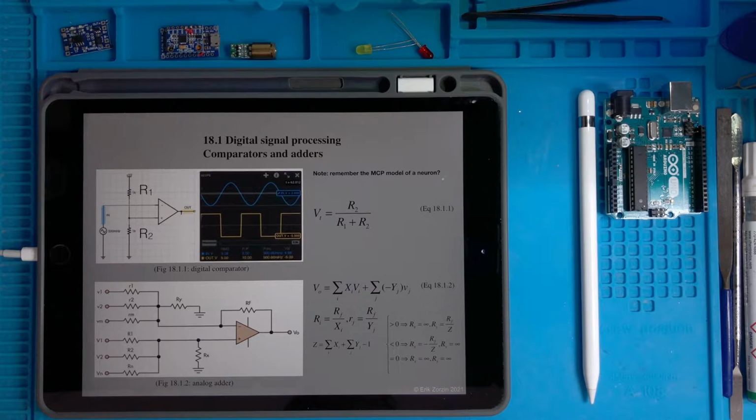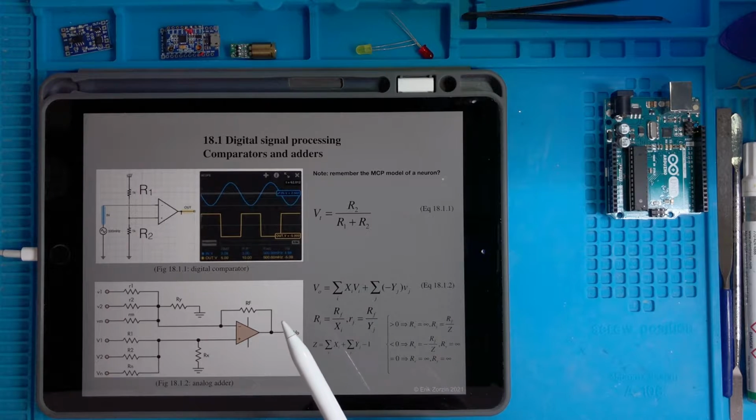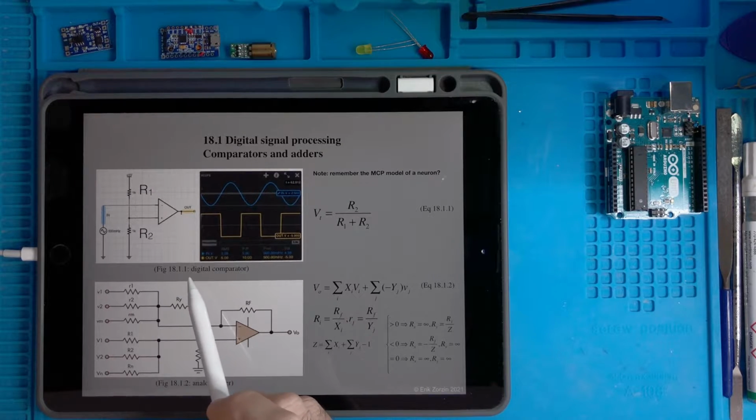It can be done, but it's not very convenient. So now the idea is to transform an analog signal into a digital number. Let's speak about the first circuit which is useful for that purpose, which is the so-called digital comparator.